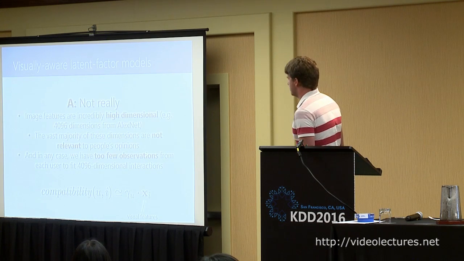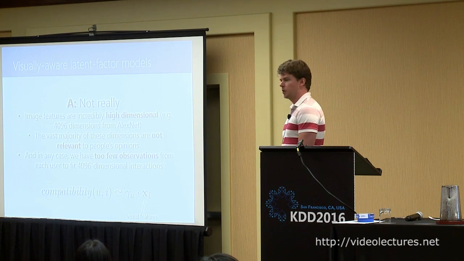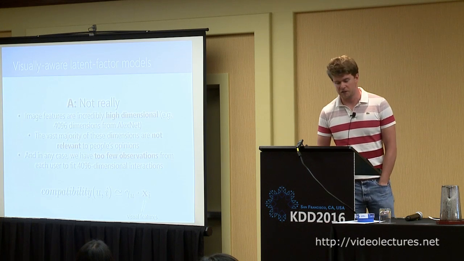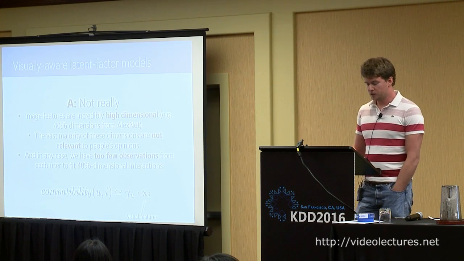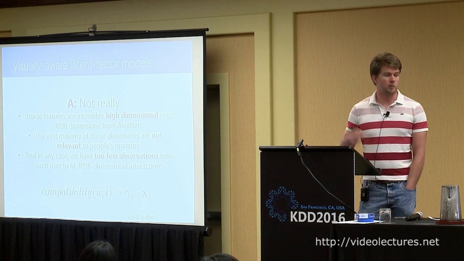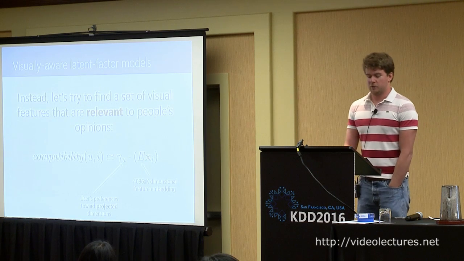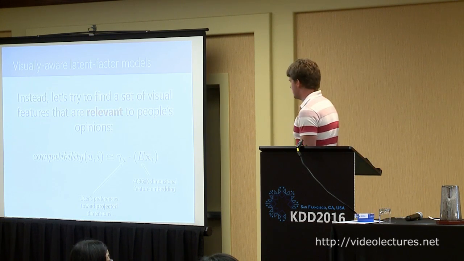So you have way too few observations, and more importantly than that, most of these features probably have nothing to do with what you would call fashion, right? They describe some high-level or low-level visual attribute of the image, but they're not actually the visual attributes that people consider when making purchasing decisions. Okay, so we can't do it and wouldn't want to do it anyway. How can we do this better?